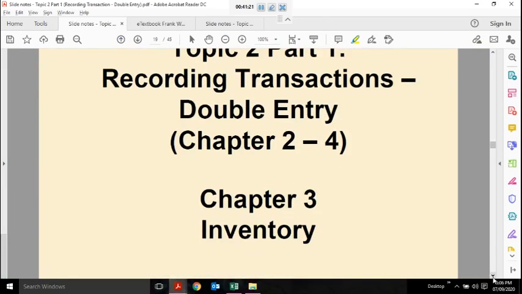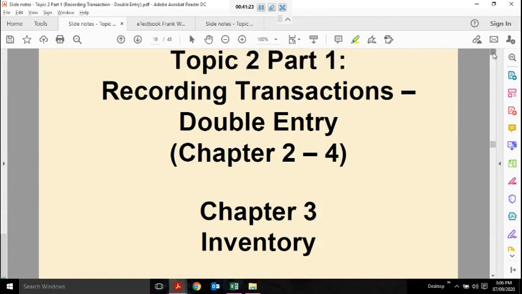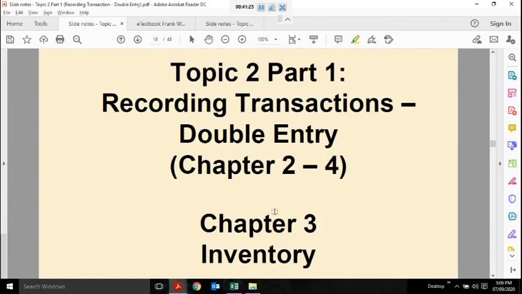Okay, so now this one is a bit complex, whereby in chapter 3 you will look into the inventory. Like last week, whenever you bought goods or you sell goods, you will see the effect on the accounting equation. So now we want to look at how this transaction will affect the inventory as a whole.